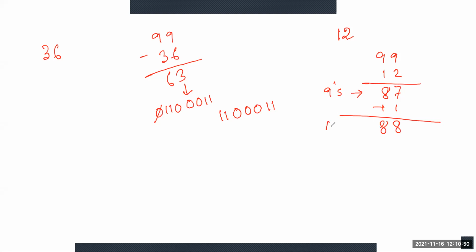So this is the tens complement, but it is not in BCD form. In BCD form it is 1 0 0 0 and 1 0 0 0. So this is the actual answer. Okay, so this is the tens complement in BCD form.